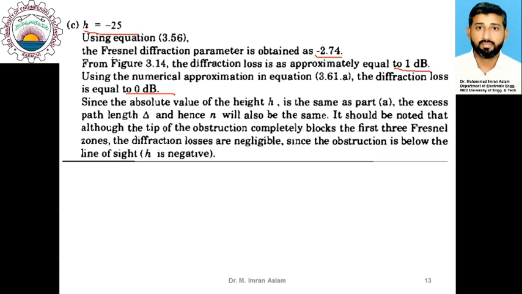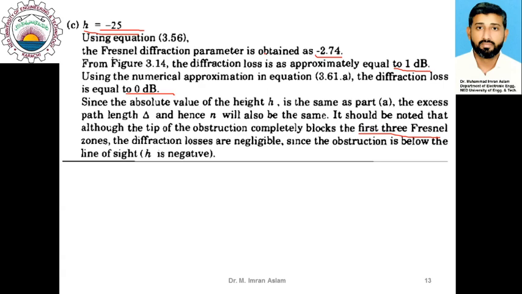And if you calculate how many Fresnel zones would be obstructed, the positive height h of the same value was obstructing the first 3 Fresnel zones. The negative value of the same would actually be obstructing only the lower part of the higher order Fresnel zones, like the 4th, 5th and 6th Fresnel zones.